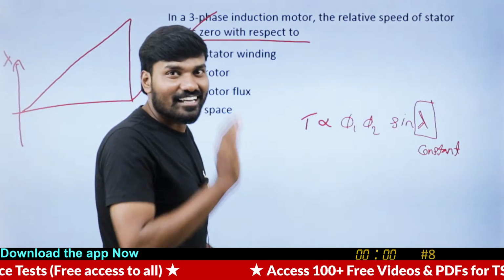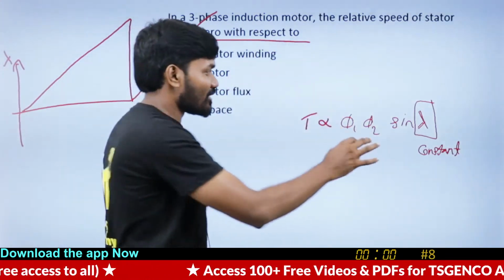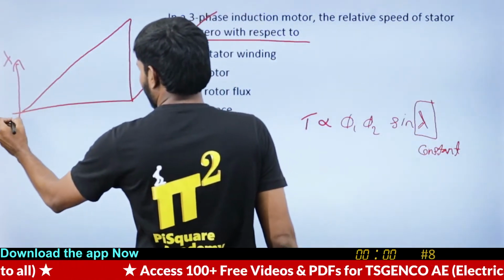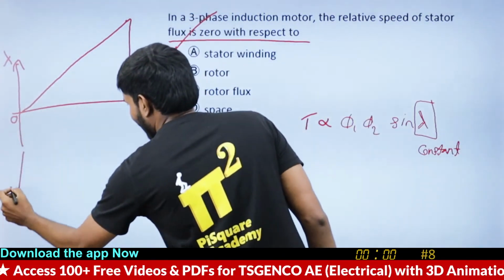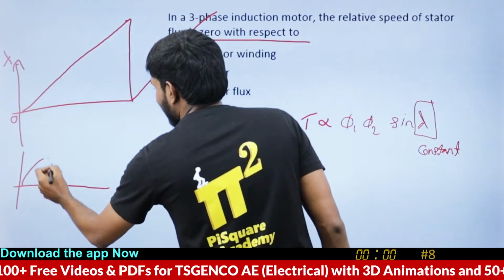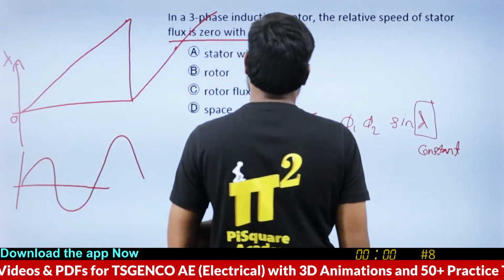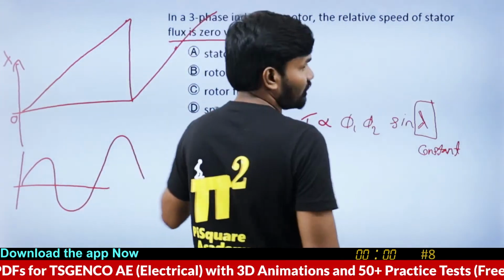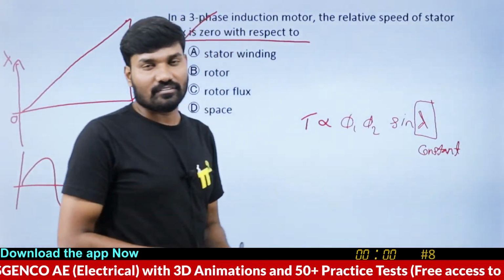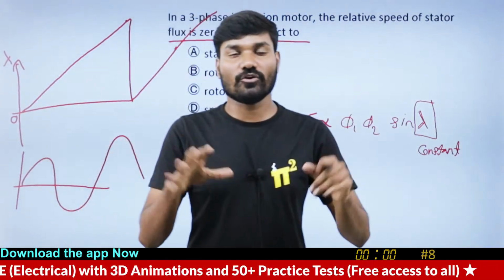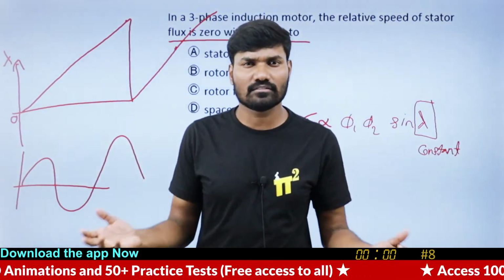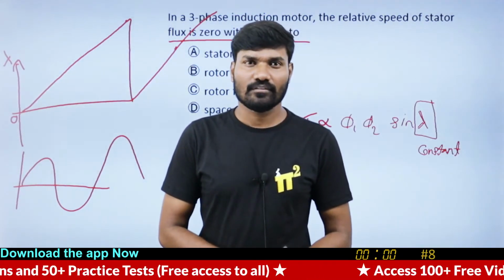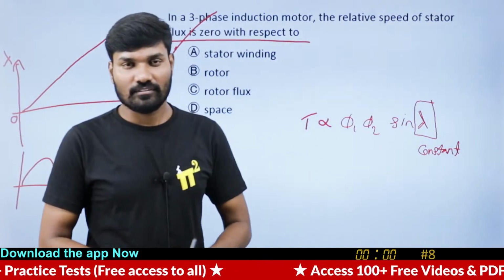Torque will be a nice sinusoid because sine lambda is changing from 0 degrees to 360 degrees. So you will get sinusoid torque. What does sinusoid torque mean? The average torque is 0. Instantaneous torque is sinusoid, but the average value of this torque is 0. So machine operation is not possible.